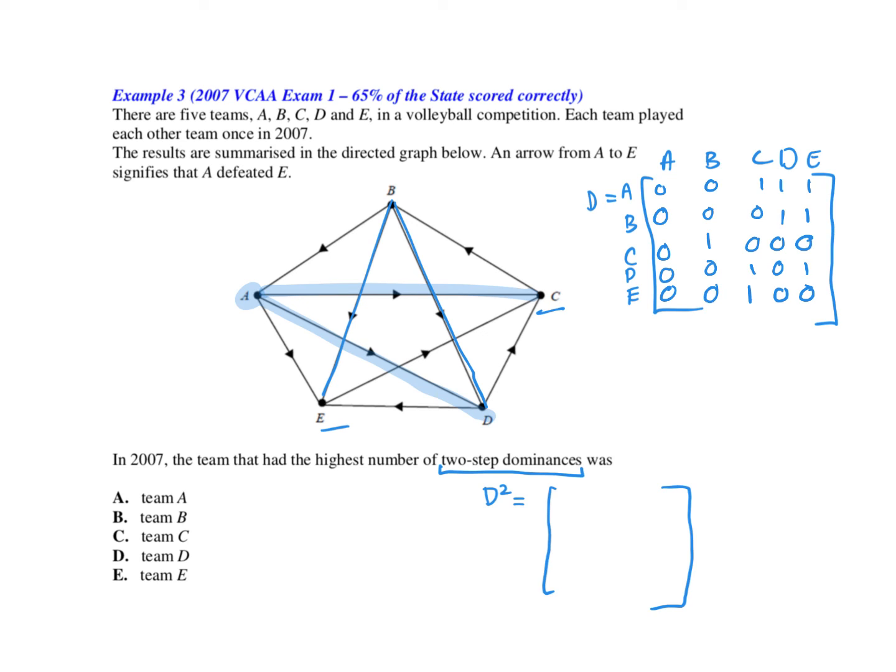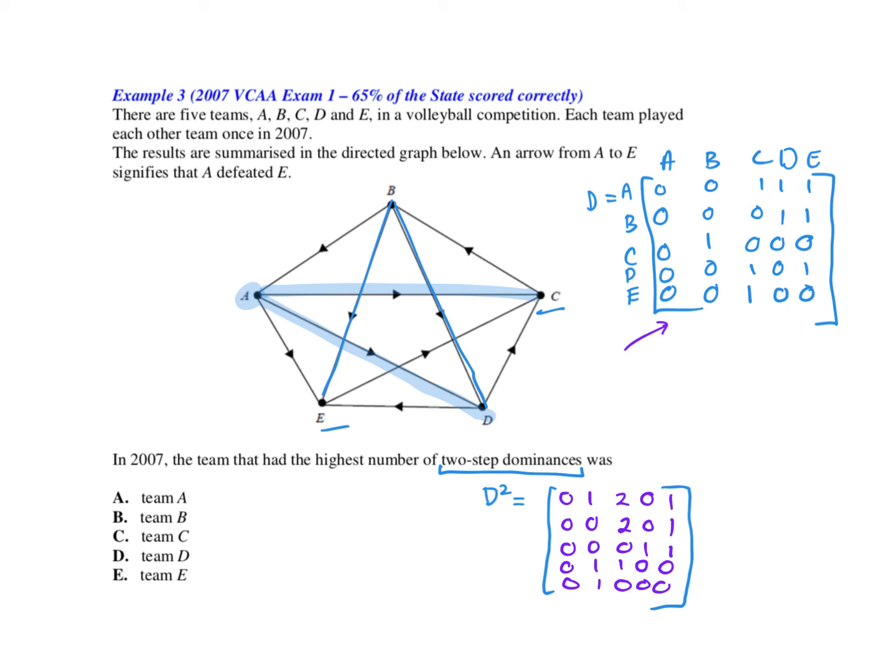Okay, so we need to type this one in our calculator and square it. So I've just squared that dominance matrix and I get 0, 1, 2, 0, 1, 0, 0, 2, 0, 1, 0, 0, 0, 1, 1, 0, 1, 1, 0, 0, and 0, 1, 0, 0, 0.